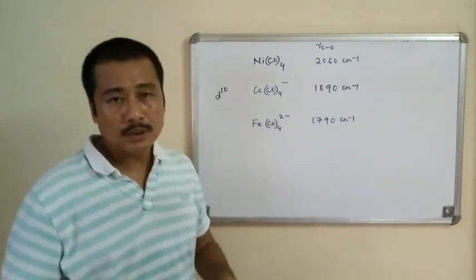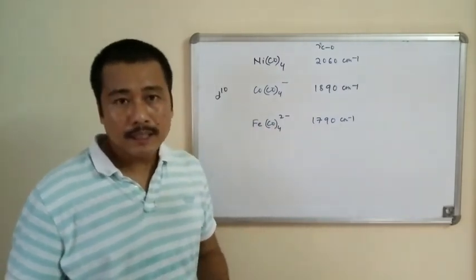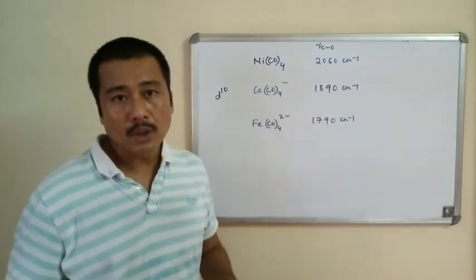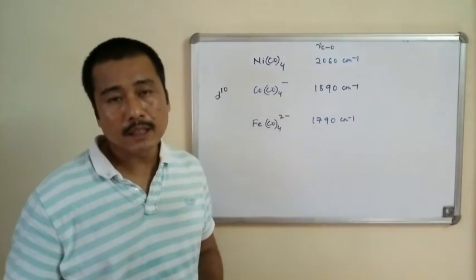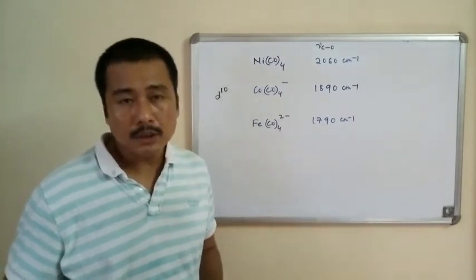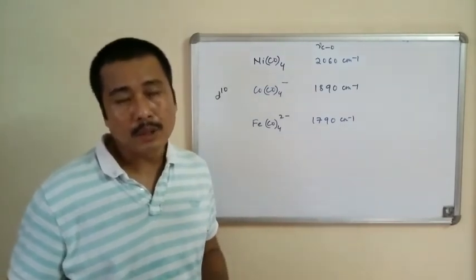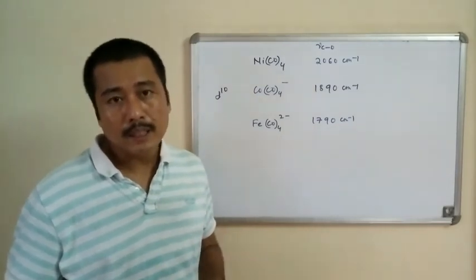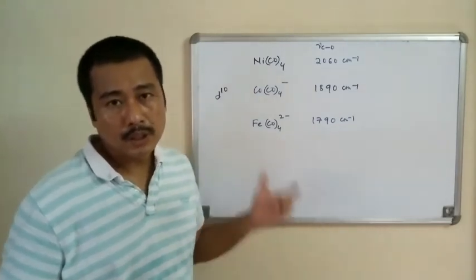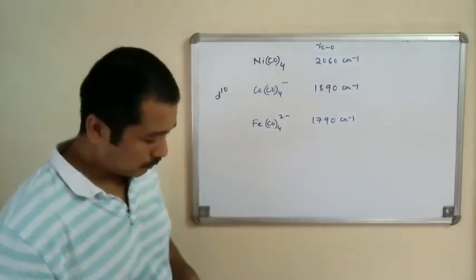So this allows us to see the influence of charge on the extent of pi back donation. Just by looking at the charge on a particular metal carbonyl complex, we have the ability to predict the extent of pi back donation in such complexes.